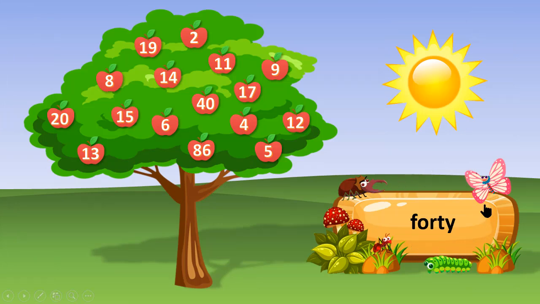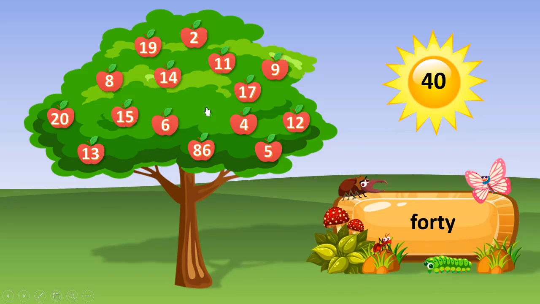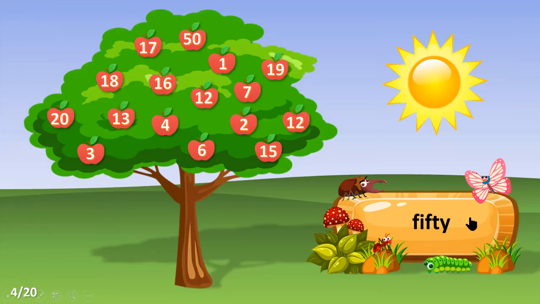For example, I have the word 40 here, so I will have to pick the apple which has the number 40. Is it 40? Uh-oh, no. 40. And if you pick the correct one, the apple will fall into the basket and then you win. You understand? Okay, next round.